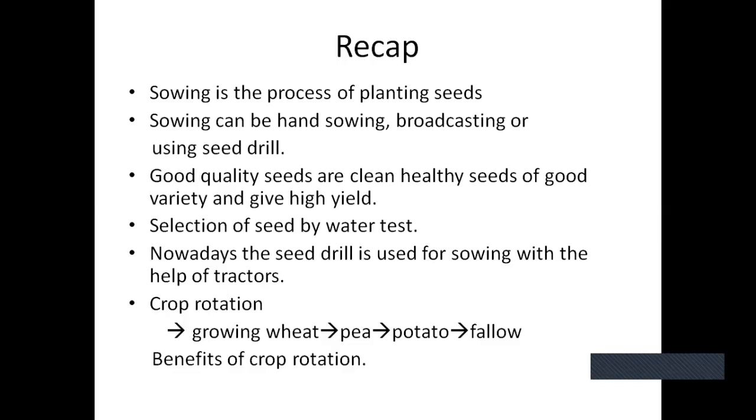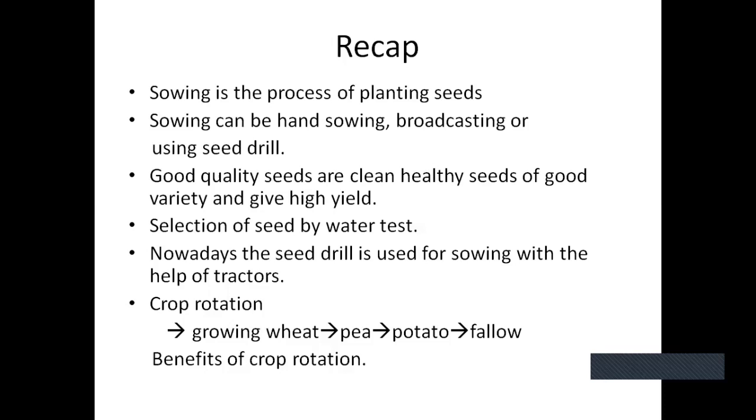Yes, they have rhizobium bacteria in their root nodules, and they convert the atmospheric nitrogen into a nitrogenous product and give it to the soil, or we can say to the plant. So because of these leguminous plants, the soil gets its nitrogen back.